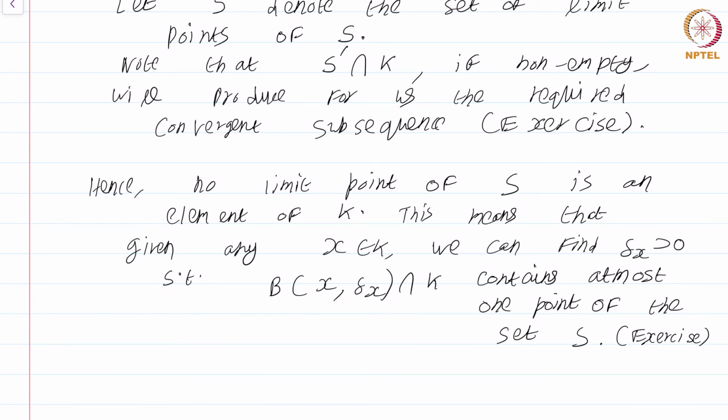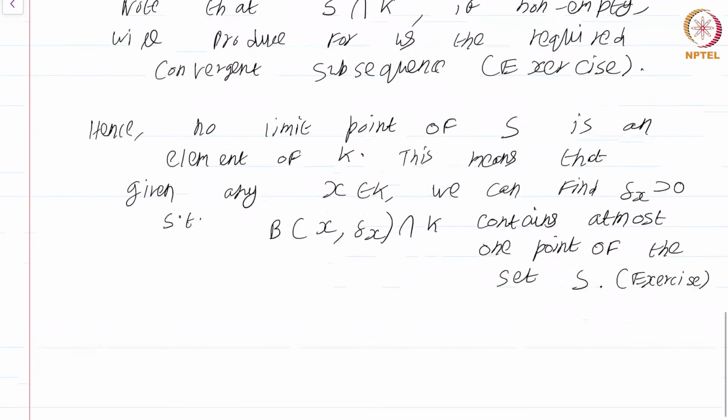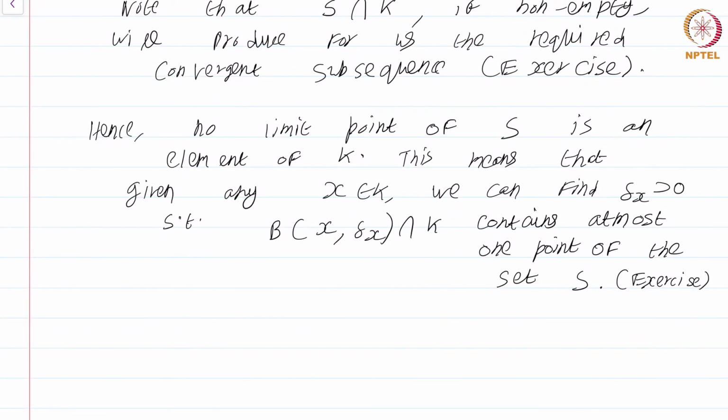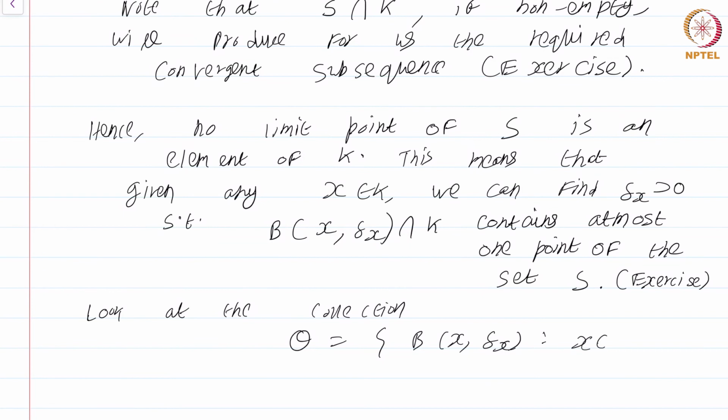This is because we are assuming that no limit point of S is an element of K. That's the key. Look at the collection O, which is equal to this Bx delta X as X runs through K. This is the collection of all such open balls.